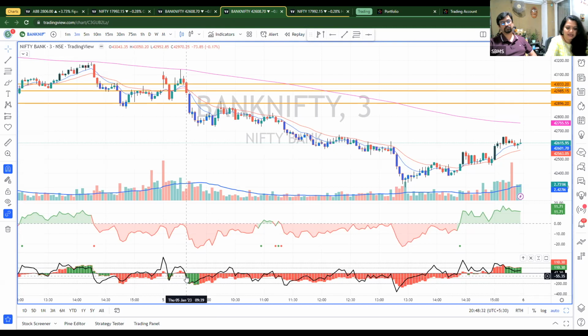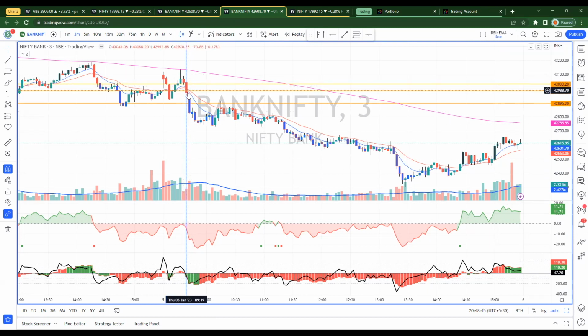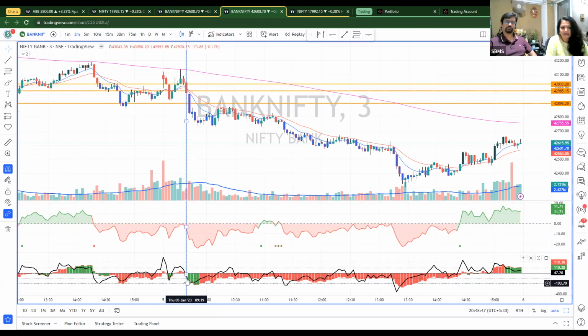If I say, see in this line, are you able to see all the data aligned in this? Right? Everyone? Yes. All the parameters are aligned. So this is our alert candle.